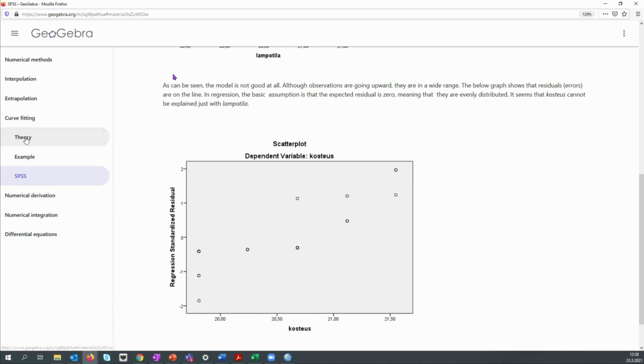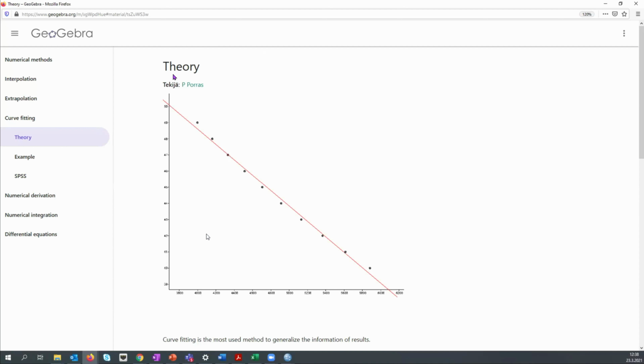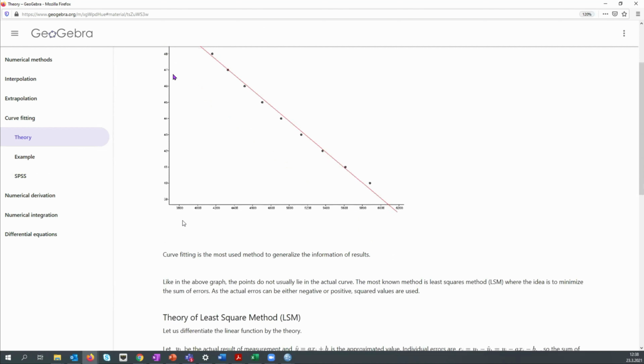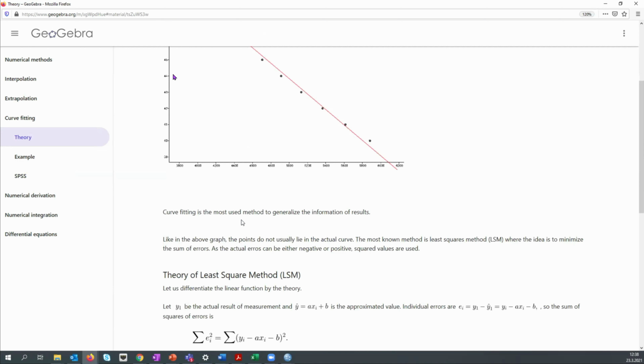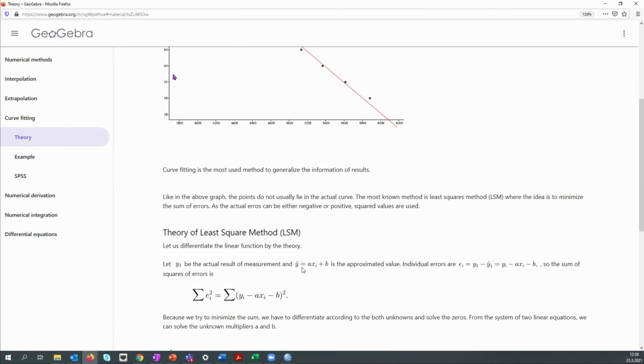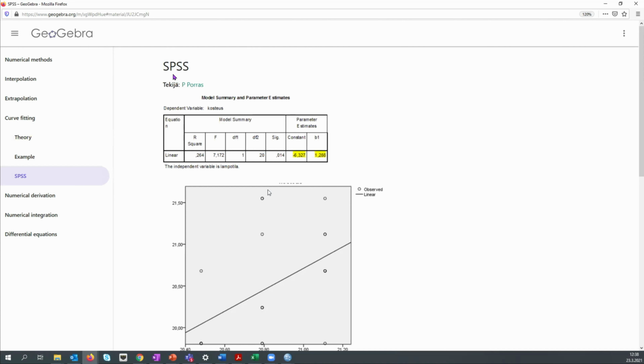This is just shown for the least squares method because, if I have understood correctly, our professional teachers, mechanical engineering teachers and civil engineering teachers, are familiar with this method and they may require you to use it, so you can also practice it. But of course, because you are already familiar with SPSS, you can use that one.